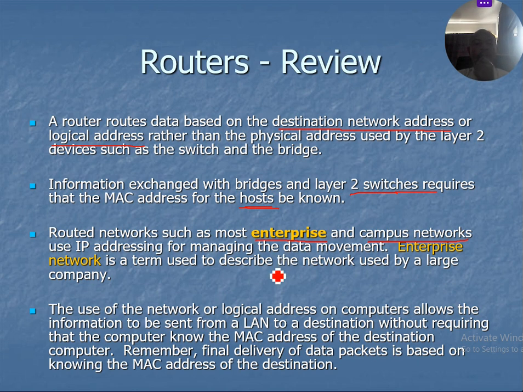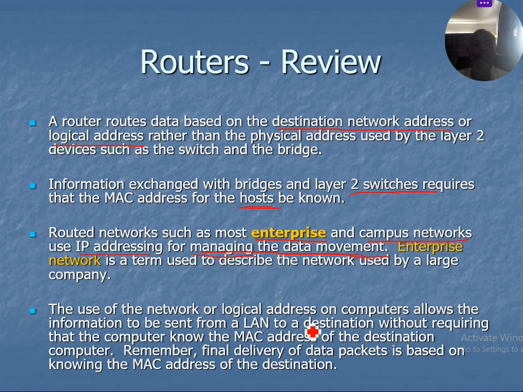What they use is the IP addressing system. The network address or logical address uses the IP address. They obtain IP addresses and the locations of these IP addresses to help them manage the data movement, where it's going and where it's coming from.